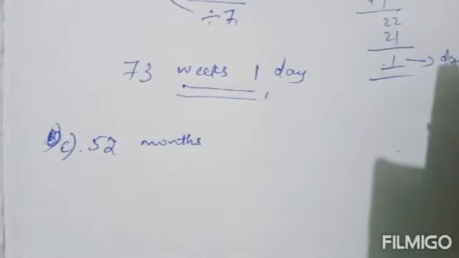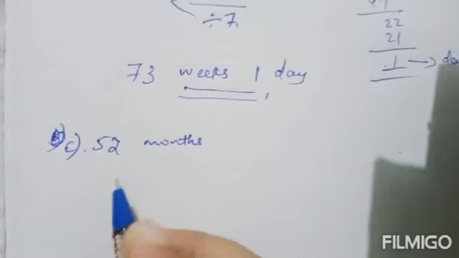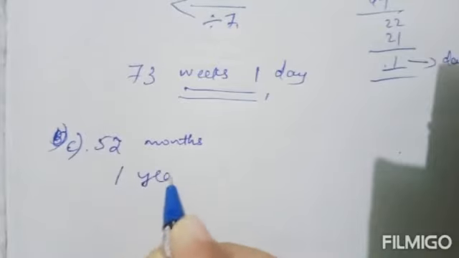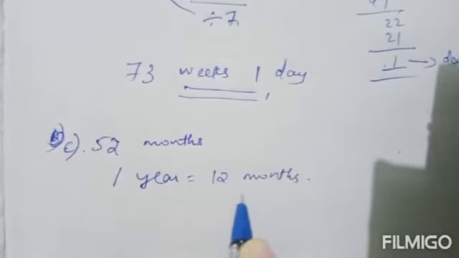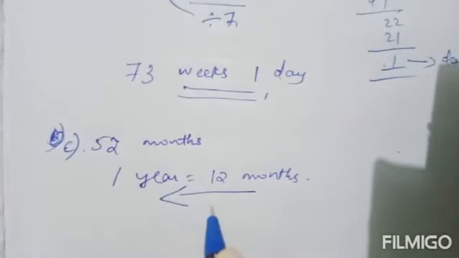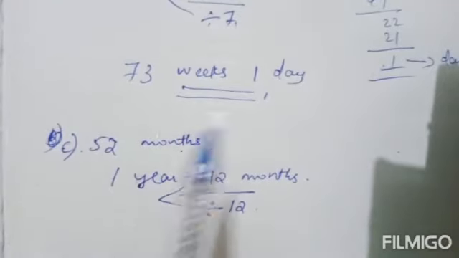Okay, next is C, 52 months into years. So you know the relation between months and year. Okay, 1 year equal to 12 months. So in order to convert months to years, just divide by 12. Okay, so 52 months, in order to convert this to years, just divide 52 by 12.